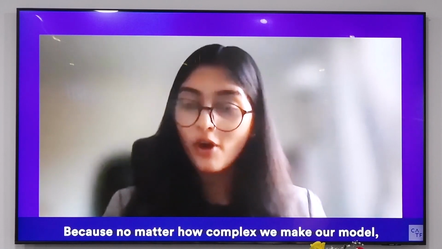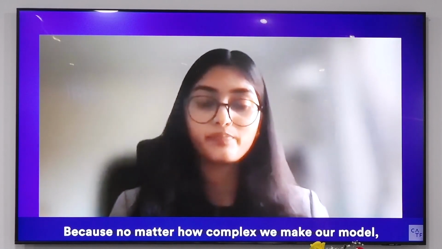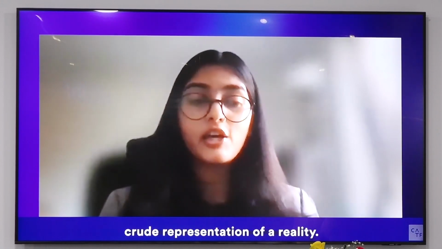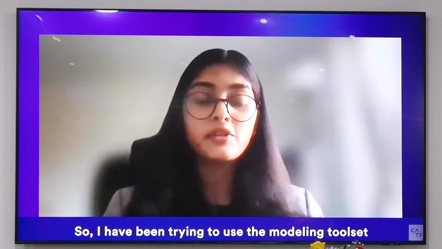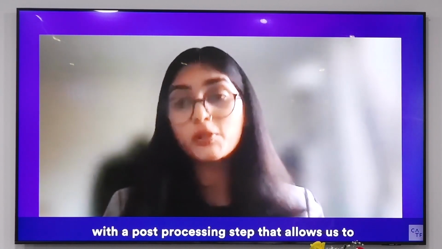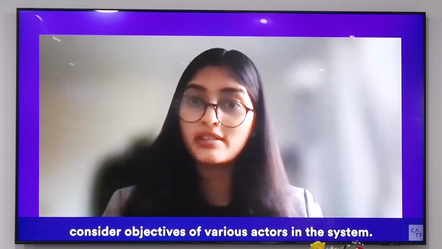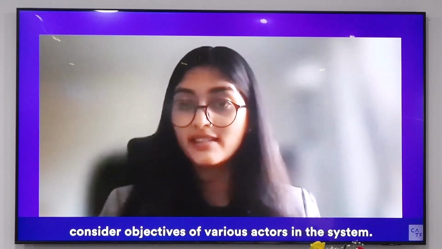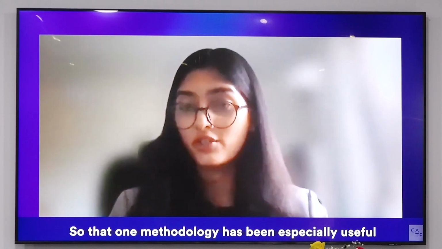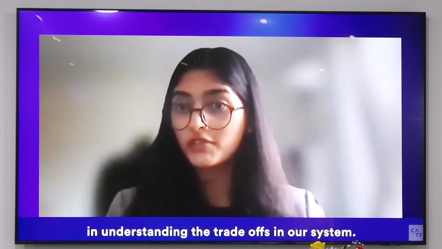Because no matter how complex we make our model, they are always going to be a crude representation of reality. So I have been trying to use the modeling toolset with a post-processing step that allows us to consider objectives of various actors in the system. So that one methodology has been especially useful in understanding the trade-offs in our system.